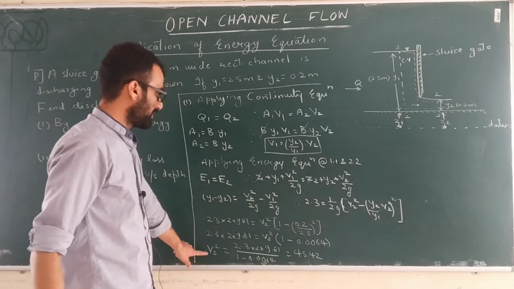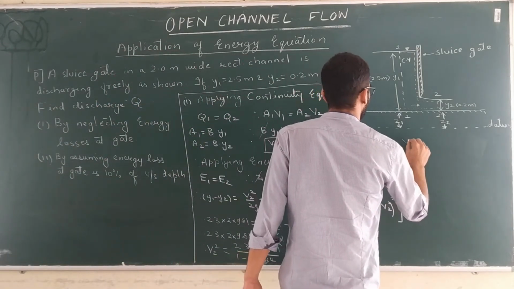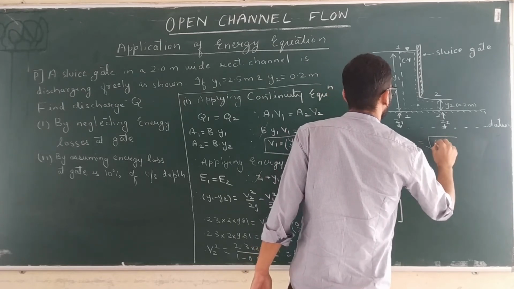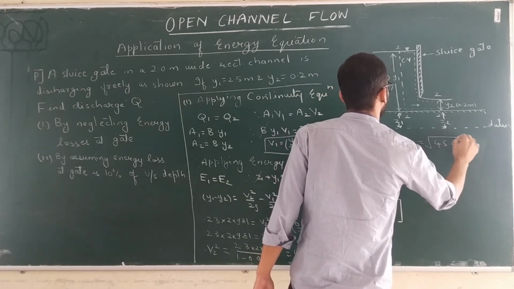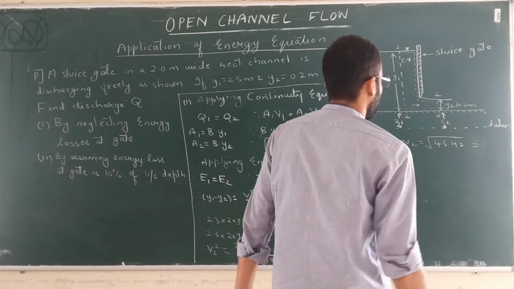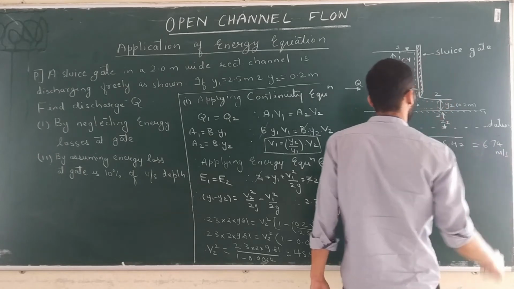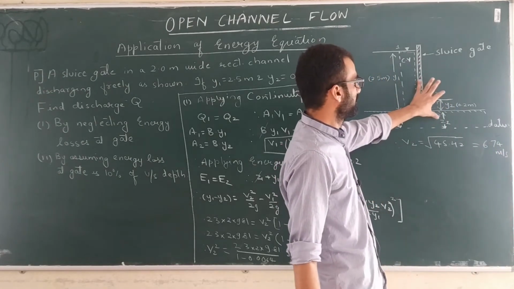Therefore V2 will be the square root of 45.42, which is equal to 6.74 meters per second. This is the average velocity at section number 2.